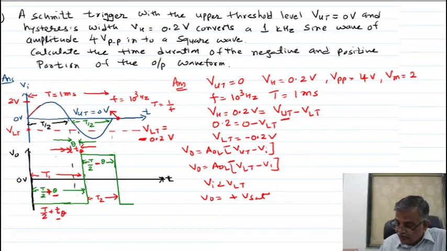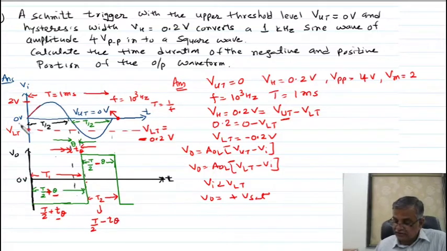For this I have to write T by 2, T2 is T by 2 minus T theta. So up to this point you are getting negative voltage.